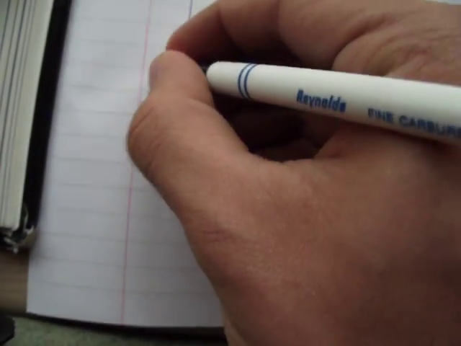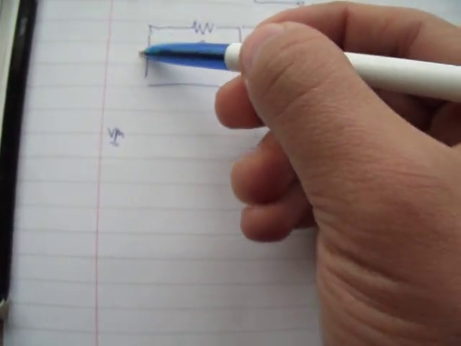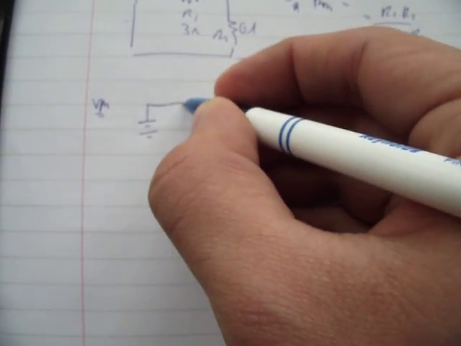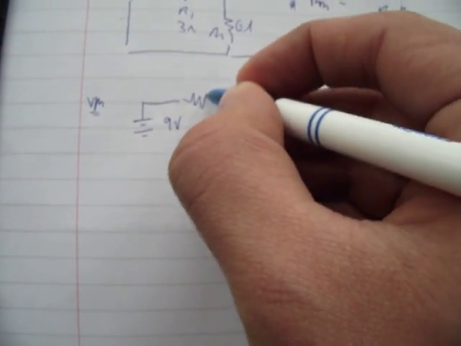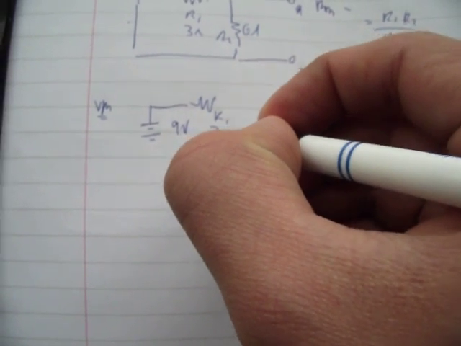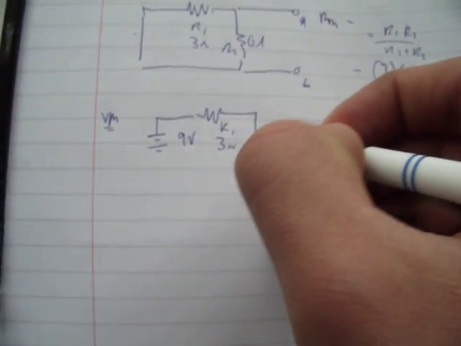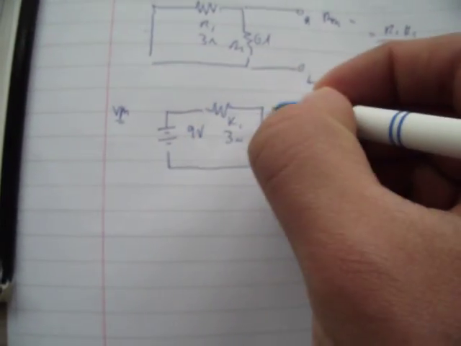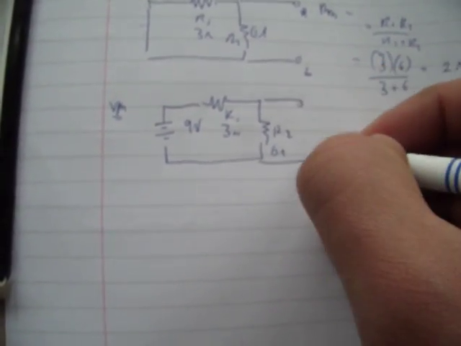Now we need to find V Thevenin. To find V Thevenin, we need to bring back the power supply, 9 volt, R1 was 3 ohm, R2 was 6 ohm, and we bring back the marked terminals.